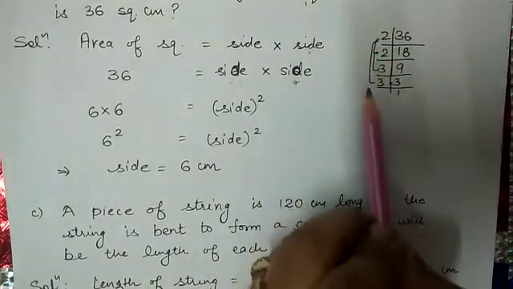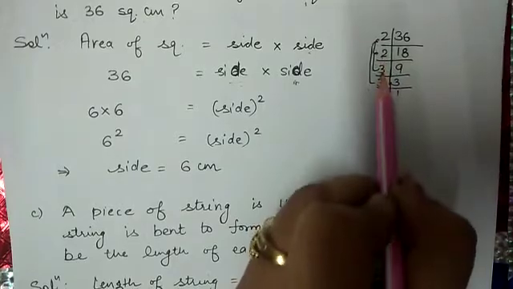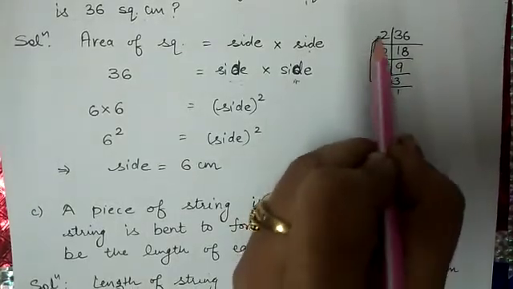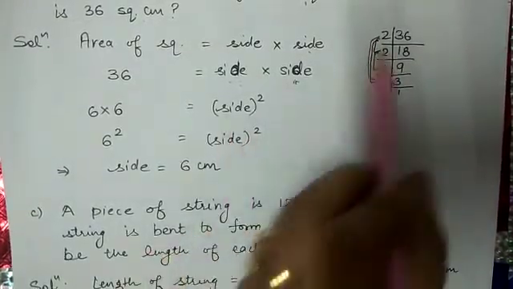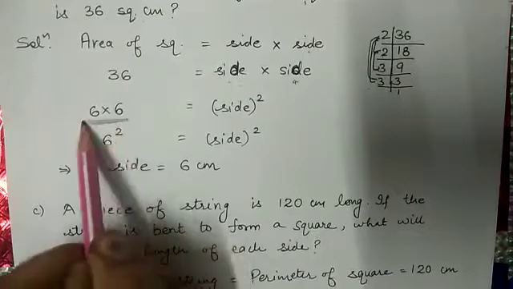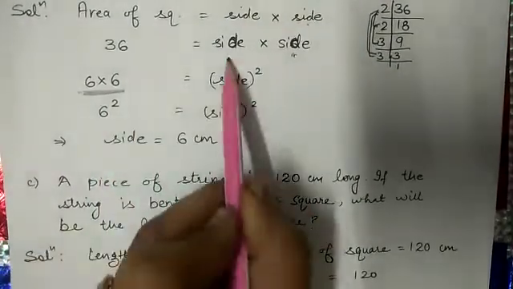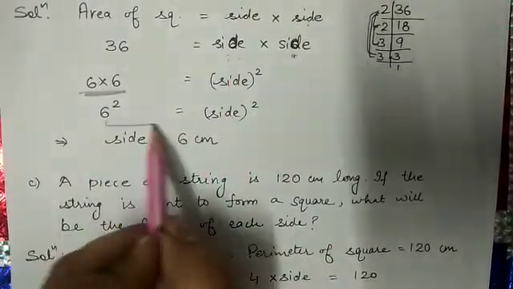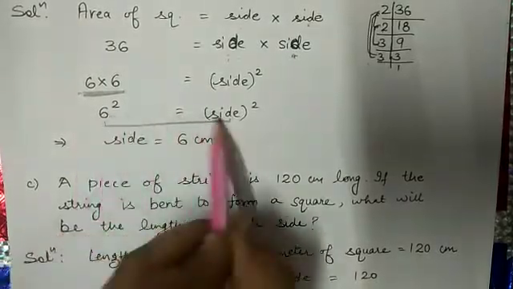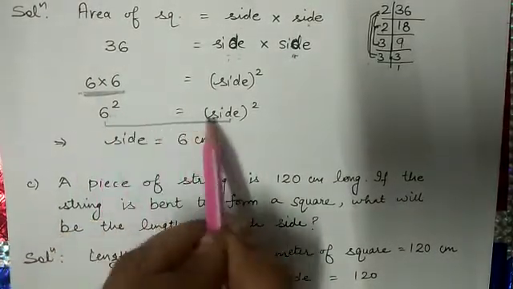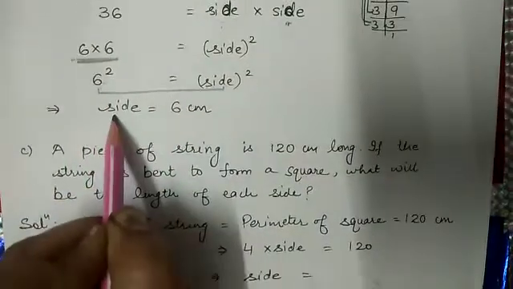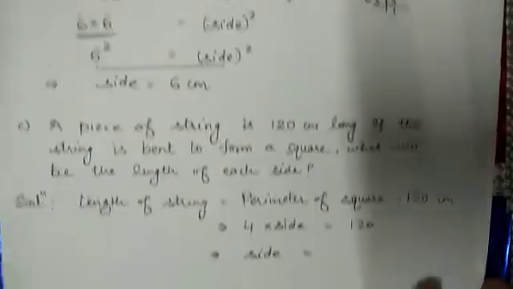I have done it here. 2 2 3 3. If I do it this way, 2 3s are 6, 2 3s are 6. I am going to get two same numbers. 6 into 6 means 6 square, and this is side square. If both are same, it implies 6 is equal to side, that is the side of the square is 6 centimeter.